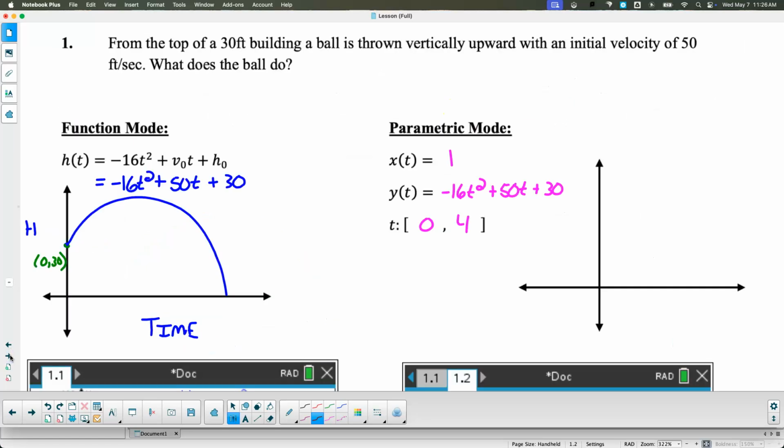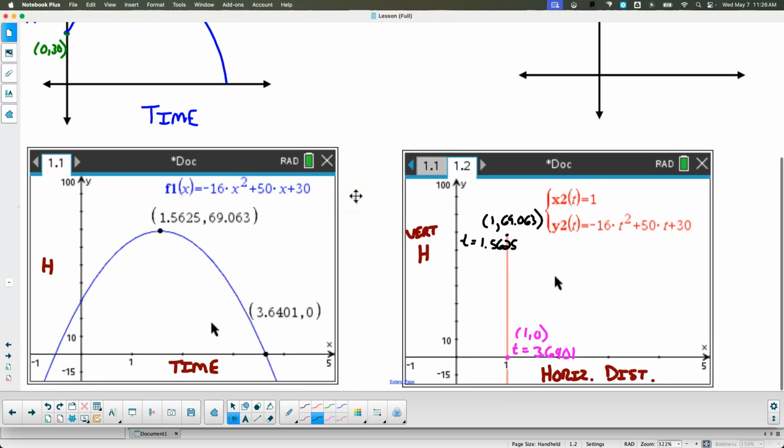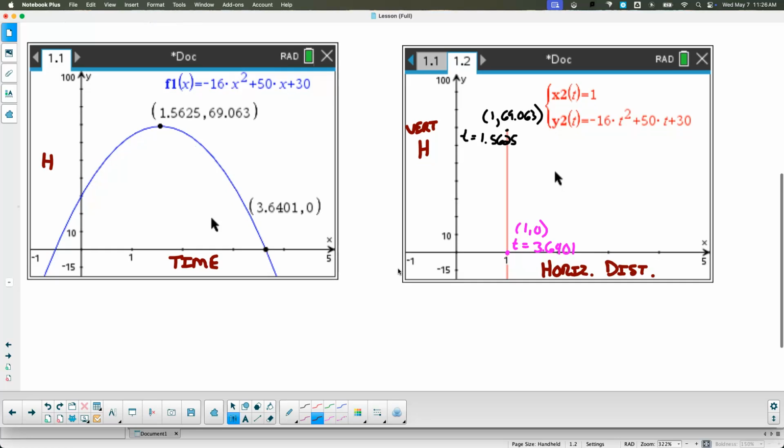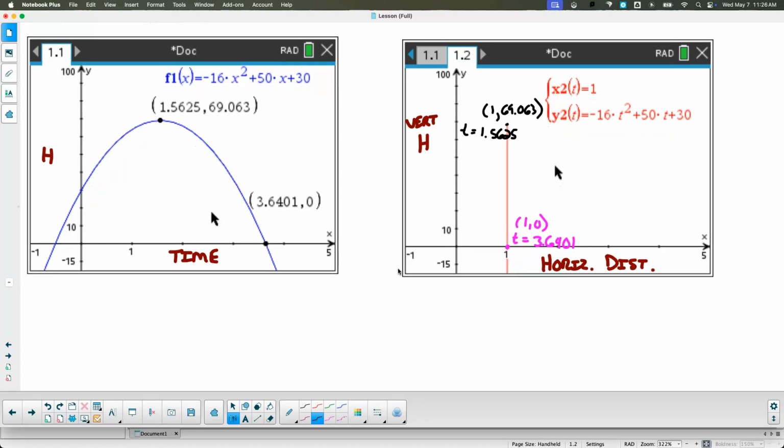One of the things that you need to be very cognizant of, especially in terms of the two different kinds of graphs, over here, if we're making a chart to figure out points, then this is time versus height, which is t versus your vertical distance, I'll say.